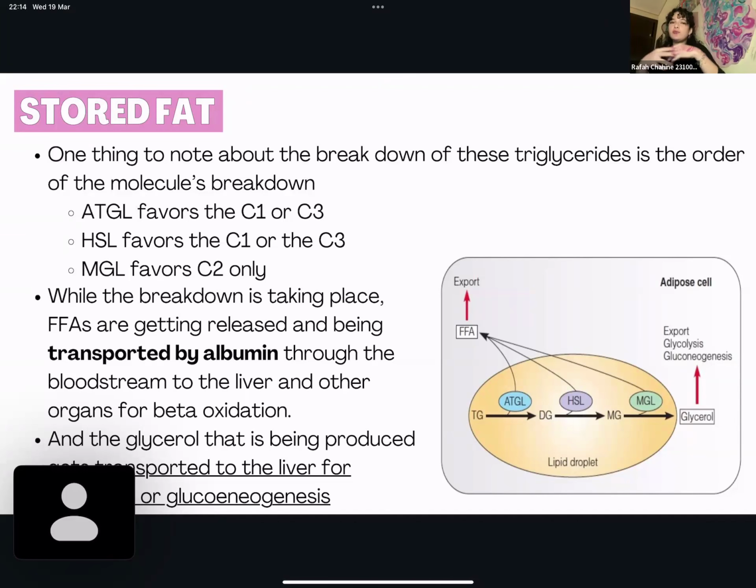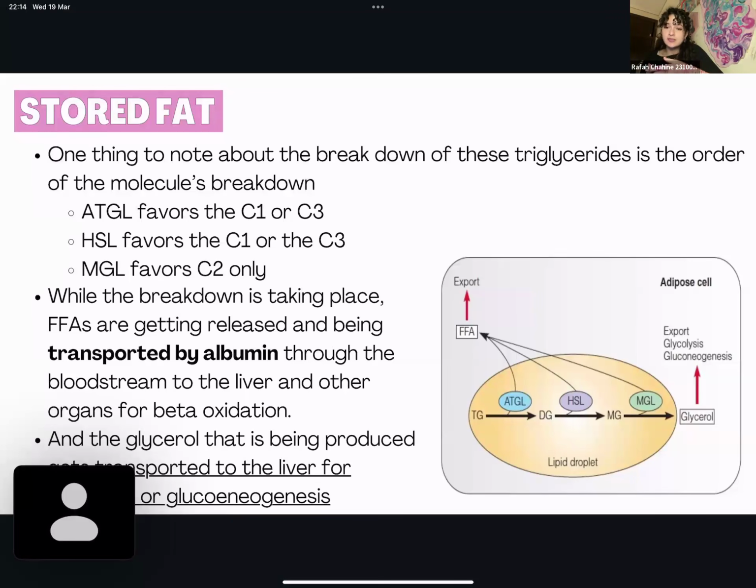So now, after we're done with breaking down these triglycerides, we get free fatty acids and a glycerol, okay? Now, we are going to see exactly what happens to glycerol, but just to give you the baseline of everything, glycerol will go to the liver, and we said previously that it's going to help in processes such as glycolysis and gluconeogenesis, okay?